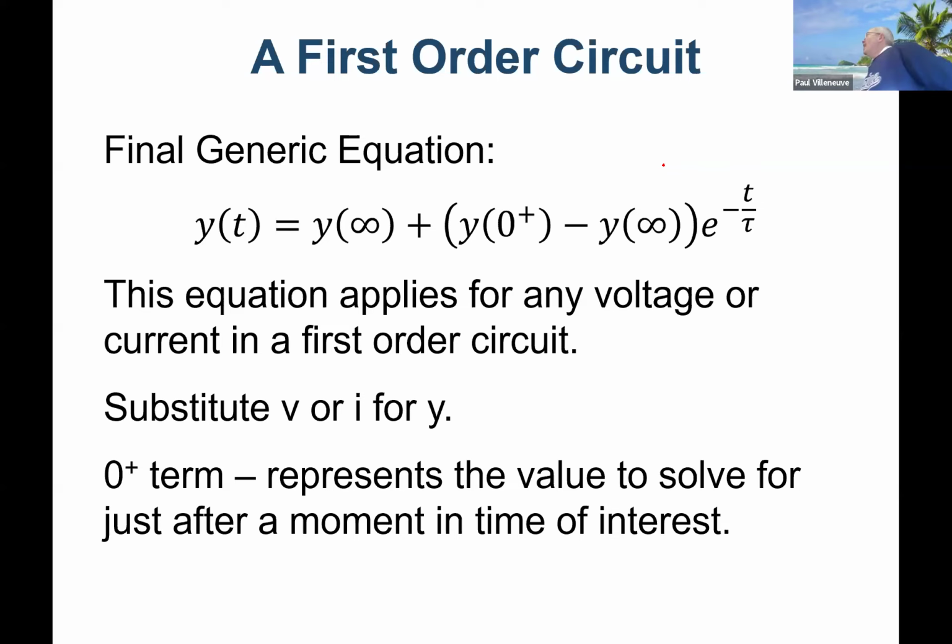And then we multiply that expression, not the y of infinity, but y of 0 plus minus y of infinity, by e to the minus t over tau. And why do we multiply it by e to the minus t over tau? Because if I want to solve for y of 0 plus, that's y of infinity.